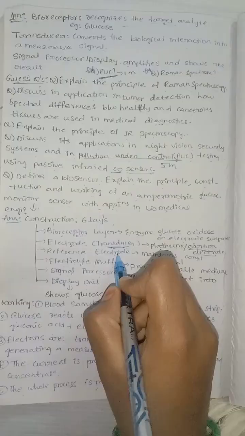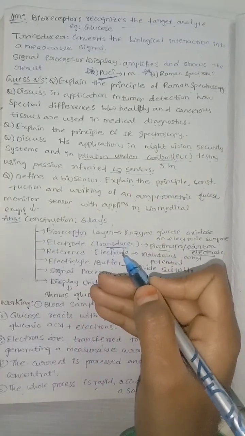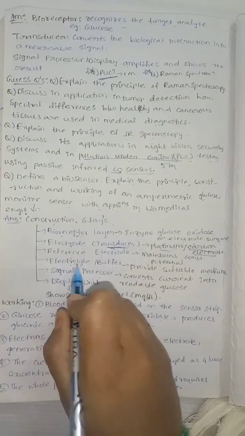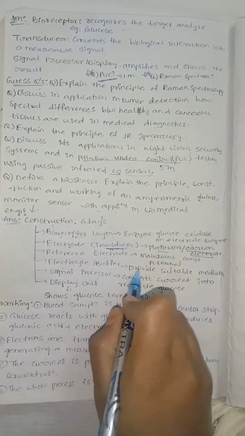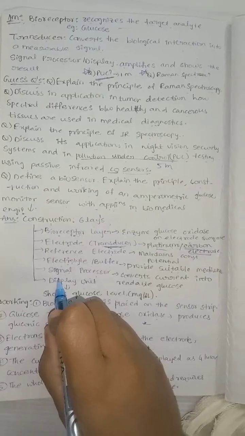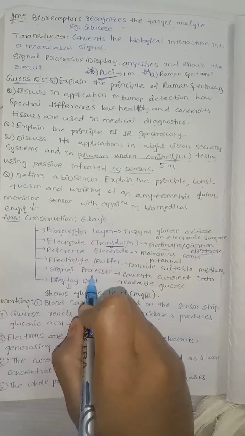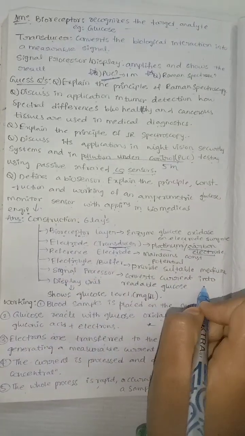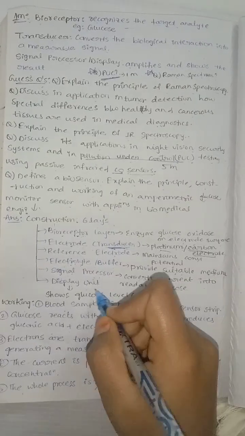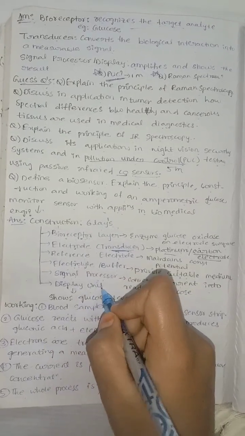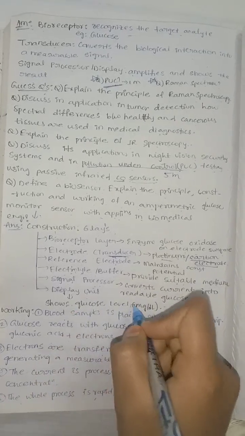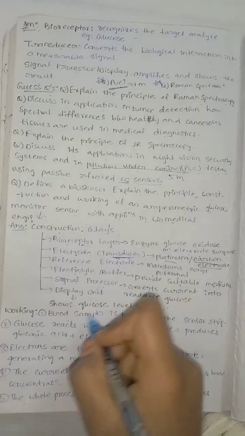Reference electrode is for maintaining a constant potential. Electrolyte or buffer provides a suitable medium for the process. Fifth layer, signal processor, is used to convert current into a readable glucose level. Last, the display unit is used for showing glucose level in mg/dL.